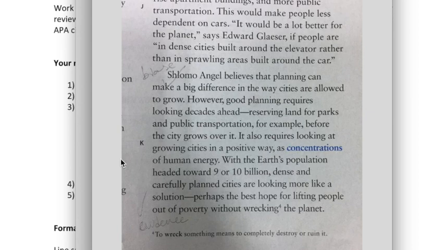Yes, there is an evidence given, and the evidence is that the Earth's population is headed toward 9 or 10 billion. Dense and carefully planned cities are looking more like a solution. So that means the article gave evidence to support this statement that we need good planning that looks decades ahead because in the future there will be 9 or 10 billion people.